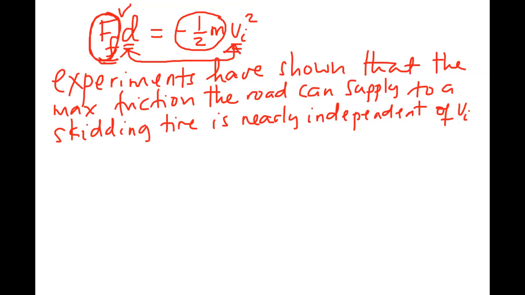Mathematically, this means that we can say distance is proportional to initial velocity squared. This is what I wanted to focus on with you guys. This should be constant. That's very, very important.